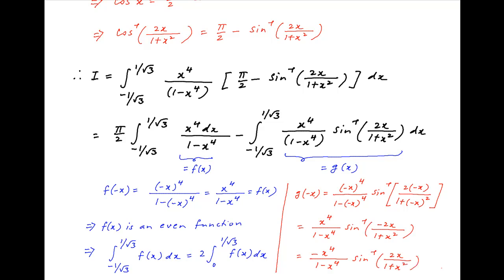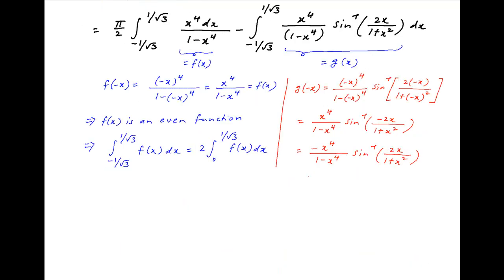And this is equal to minus x raised to the power 4 divided by 1 minus x raised to the power 4 times sine inverse 2x upon 1 plus x square, which is equal to minus g(x). Therefore, g(x) is an odd function. And therefore, using properties of definite integrals, integral minus 1 upon root 3 to plus 1 upon root 3 g(x) dx is equal to 0.